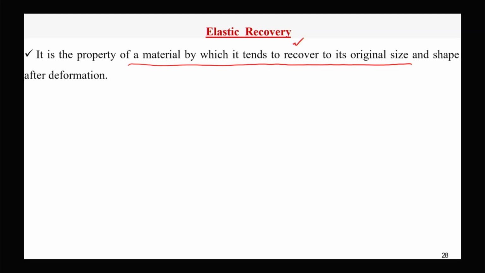Suppose a garment like a trouser, at the knee portion of the trouser there is a stretch, and that stretch repeats, and after certain use the knee portion gets permanent deformation. That phenomenon is called bagging effect. Okay.